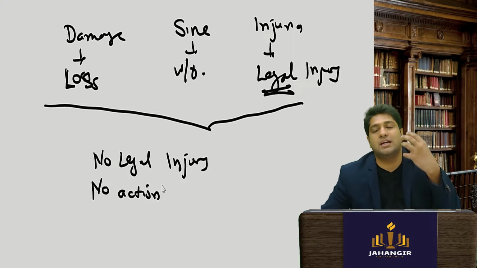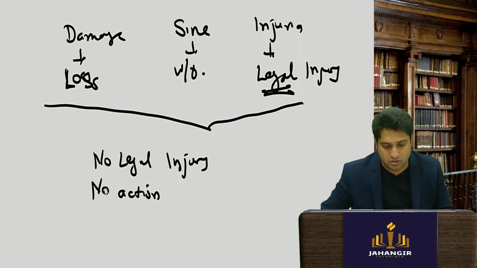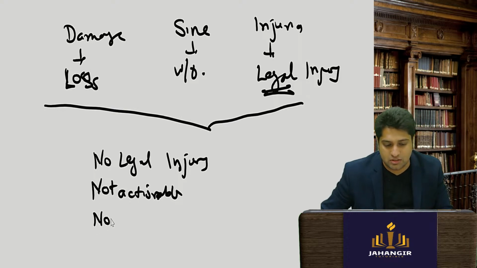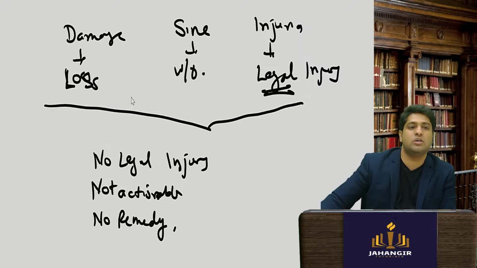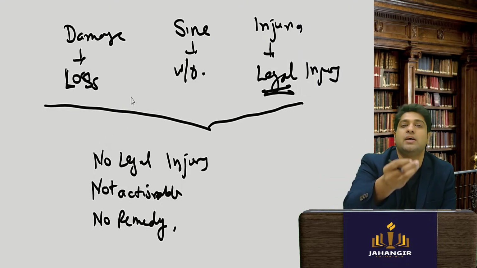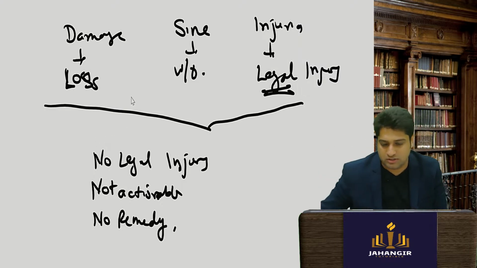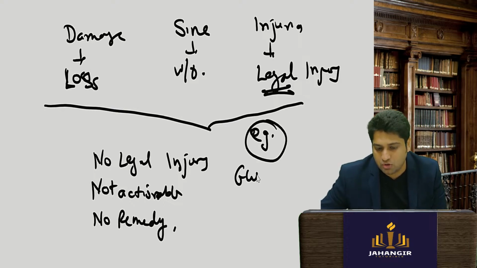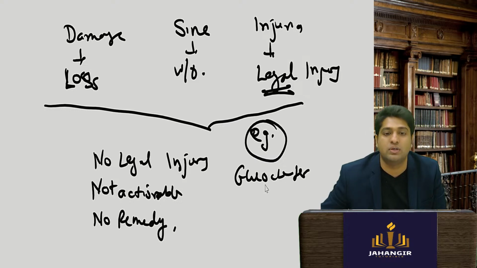So it is said to be not actionable in court. And if it is not actionable in court, then there is no remedy also, because in the eyes of law there is no injury, even though there is a monetary loss. An illustration of this was the Gloucester Grammar School case.